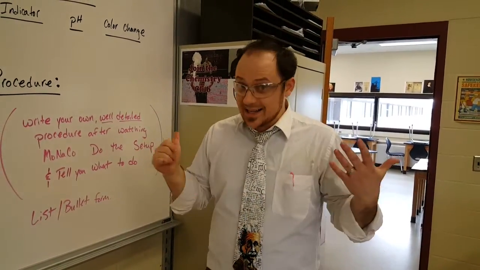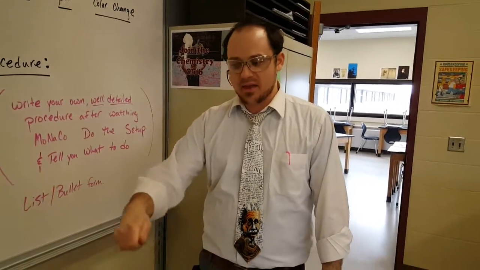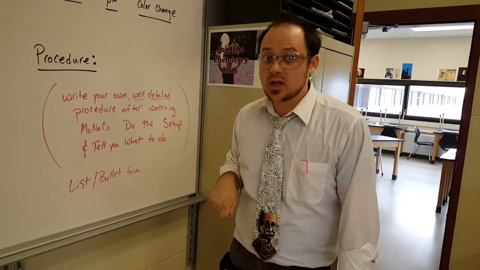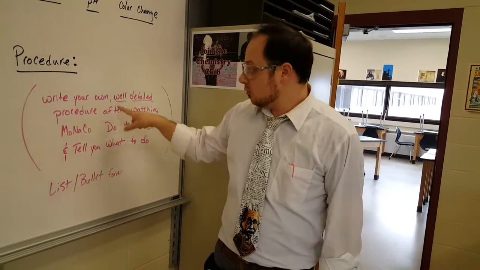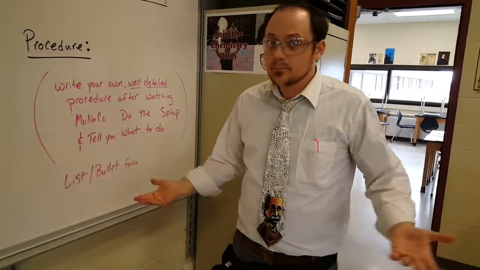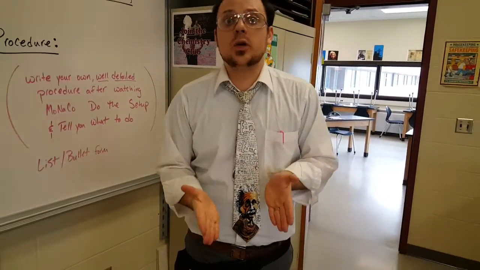Step one, step two, step three, exactly. Just put that thing in that thing is not good enough. So turn down the music, turn up the Monaco, and write your procedure. This might take a little while after you see what I do. You might have to watch it more than once. You should really know what you're doing before you step foot in my lab.